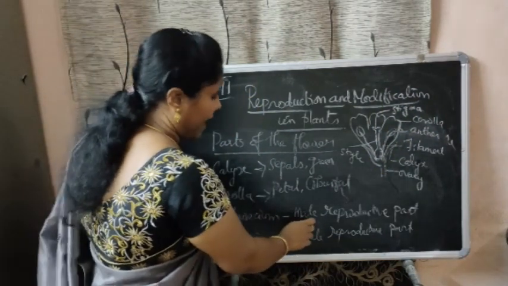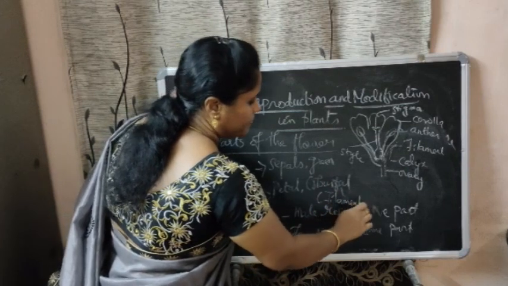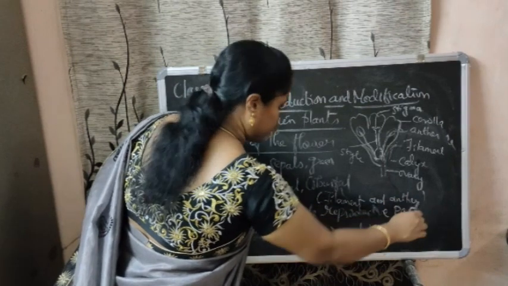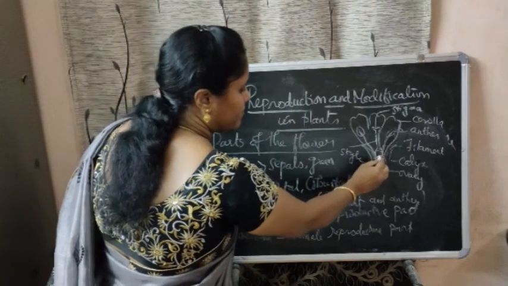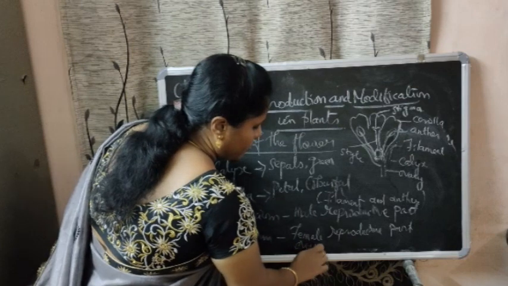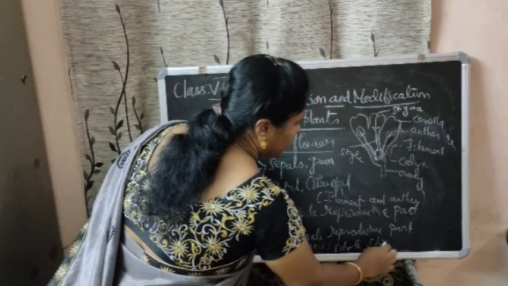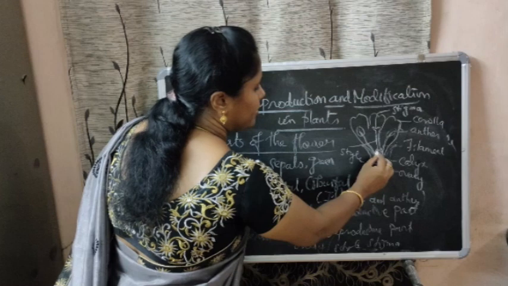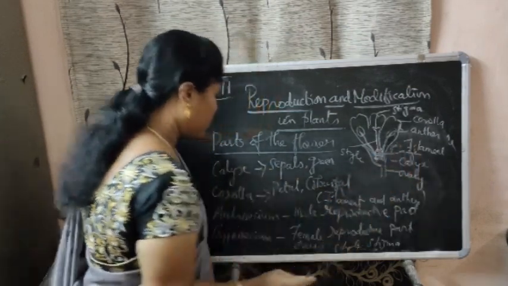The male reproductive part, the androecium, is formed by the filament and anther. The female reproductive part, the gynoecium, is divided into three: the ovary, style and stigma. Inside the ovary you have the ovules.